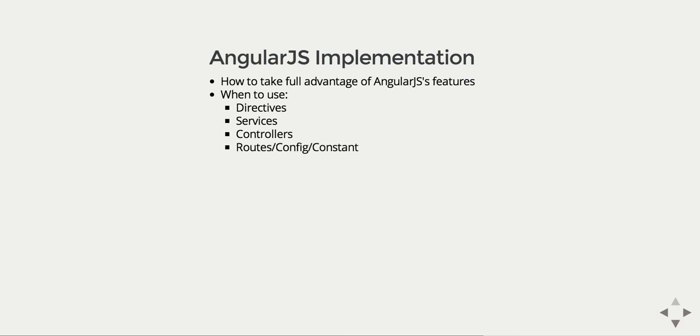There's a lot of misuse of these out there. A lot of people put everything within a directive, or do some DOM manipulation within a controller. These are some of the things that we wanted to avoid. We wanted to build it right and build it correctly.